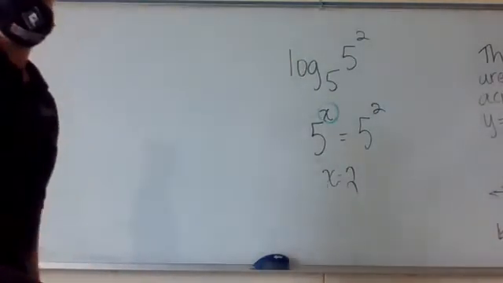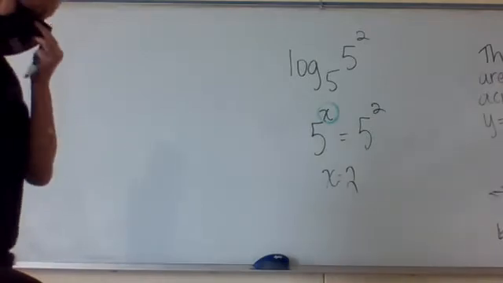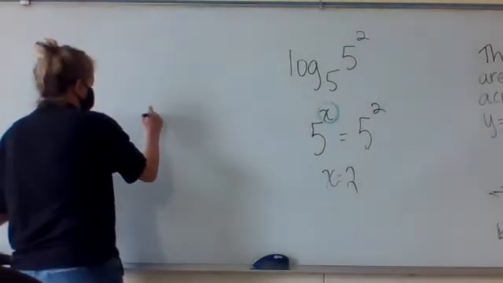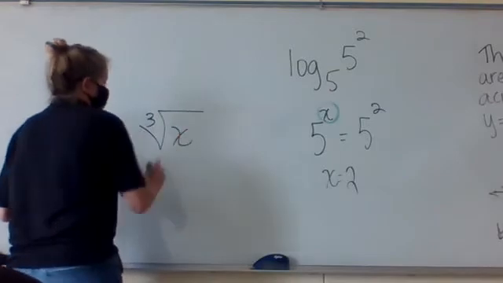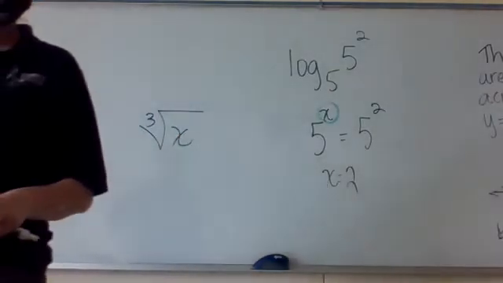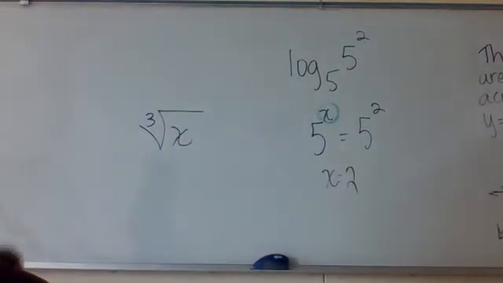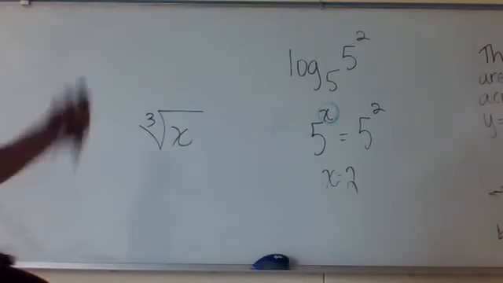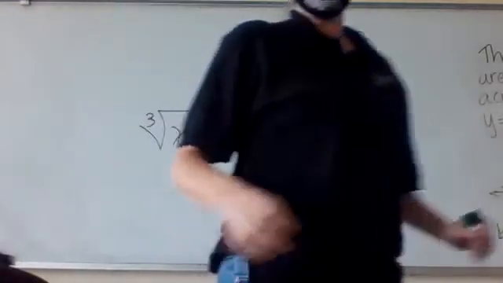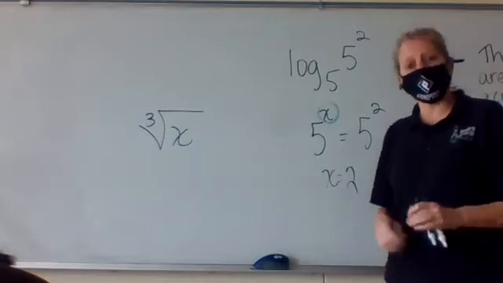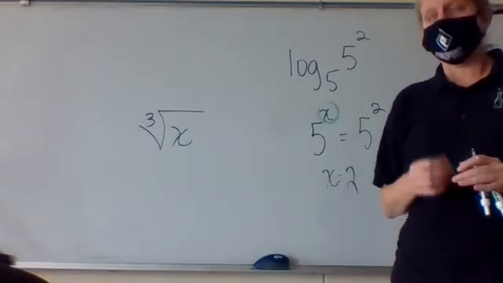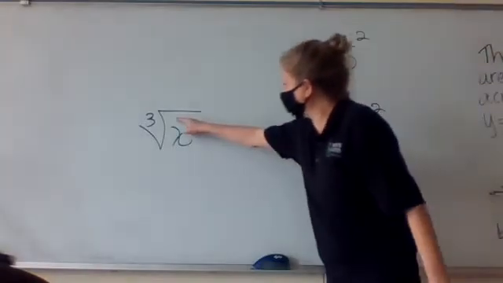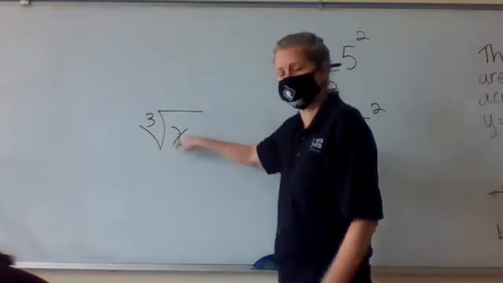If you have a radical, for instance, the cube root of x, and I wanted to write that as an exponent, if you're going from a radical to an exponent, your exponent is going to be a fraction. Whatever is in here is going to be your base.